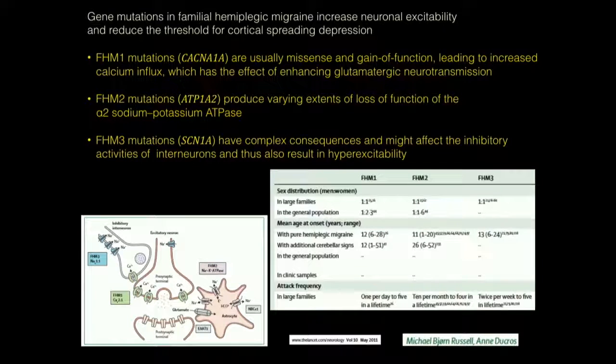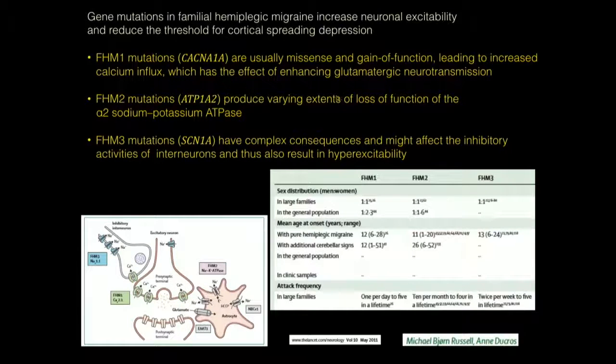Now, as you see, these are the three subtypes. The calcium channel 1A, there are usually missense mutations and are gain of function, and they lead to increased calcium influx, which has the effects of enhancing the glutamatergic transmission. This is supposed to be the cause of the manifestations I mentioned.